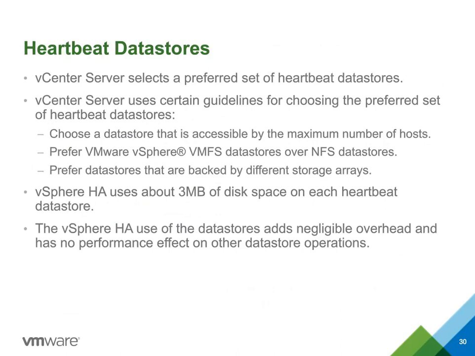So by preferring VMFS over NFS, it helps to steer us away from a possible single point of failure in the underlying network. The automatic selection of data stores also seeks out to identify and make use of data stores that are actually backed by different storage arrays. Again, that's an automatic mechanism that's in place to help us avoid having any sort of single point of failure in terms of the data store heartbeat mechanism.